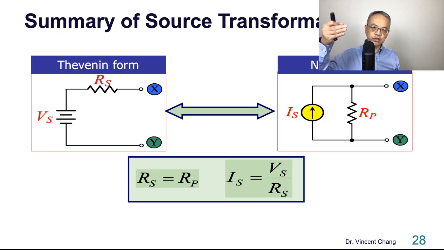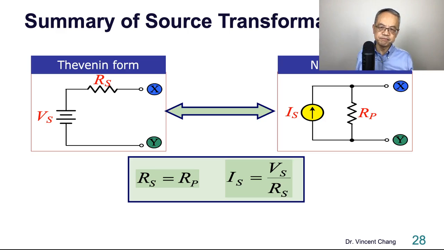So how to go from left to right: Is equals Vs divided by Rs, and Rp equals Rs. Let's say if Is and Rp are given, how to get the Rs on the left? Just copy, just duplicate the resistance. And what about the voltage on the left? Vs should be equal to Is times Rp.